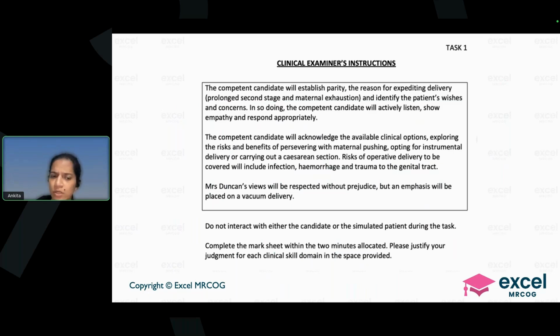So what do you think you would say to her? Anyone can message in the chat box, or even you can unmute yourself and tell me what you think you should be telling her in this particular task.